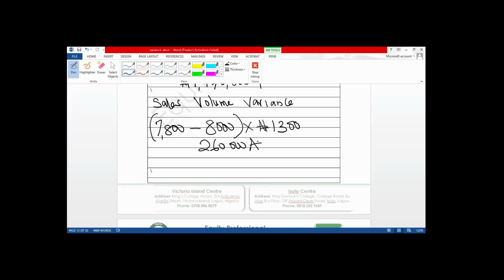You can now do requirement C. It says prepare a reconciliation statement.